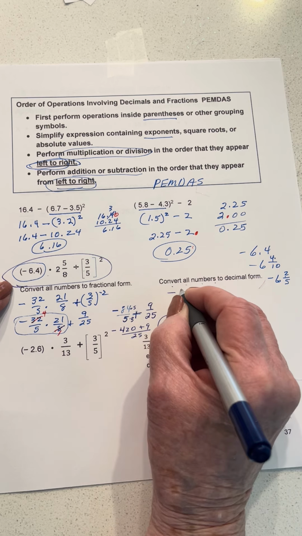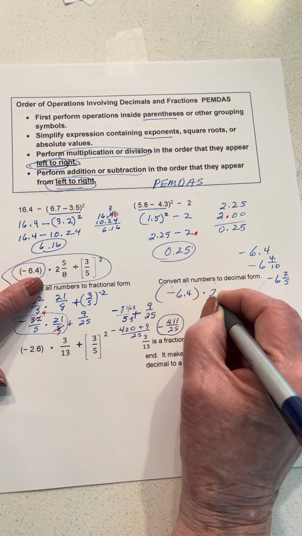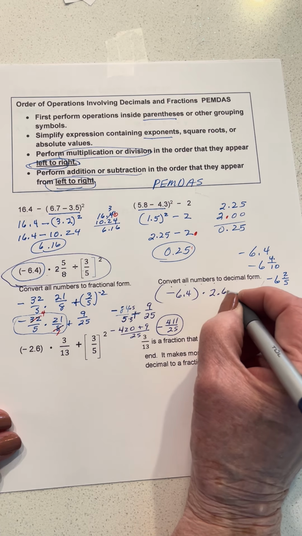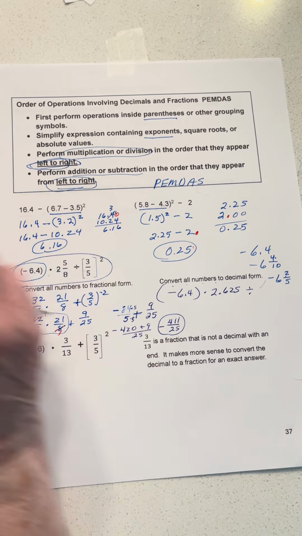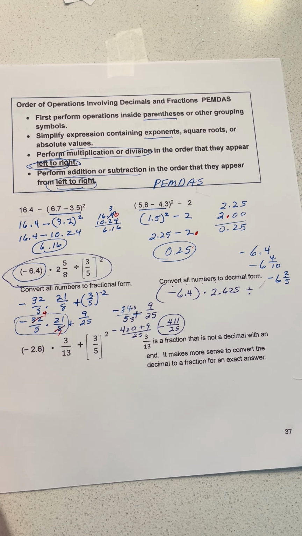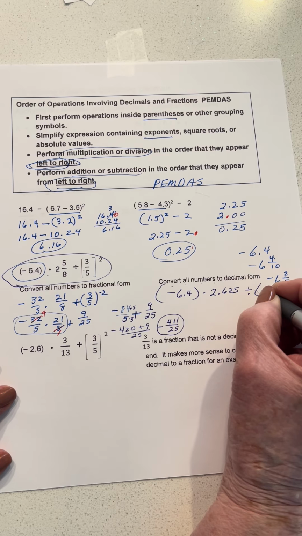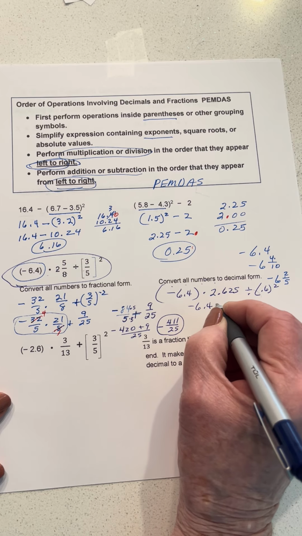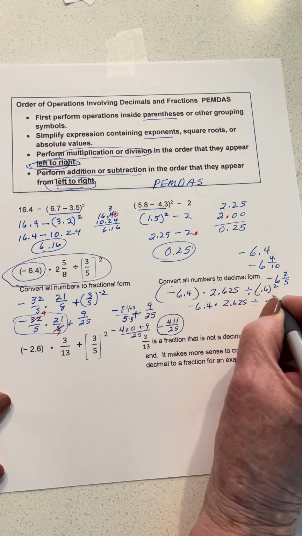I have negative 6.4 times 2.625, that's 21 divided by 8, divided by 3 fifths. 3 divided by 5 would be 0.6 squared, which would be negative 6.4 times 2.625 divided by 0.36.